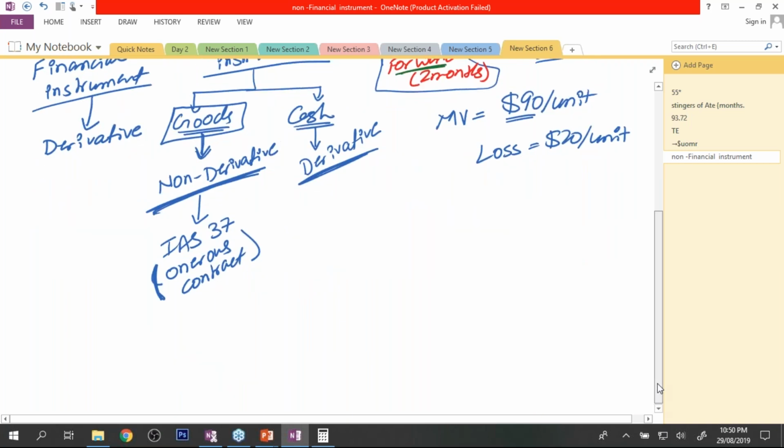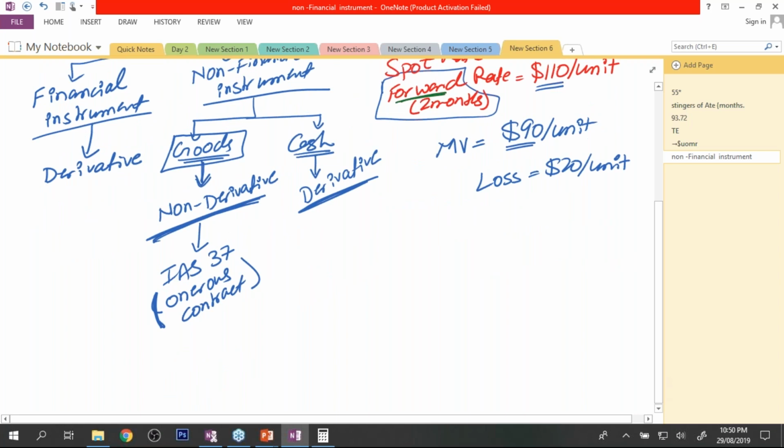So this means it's a loss making contract to me, and a loss making contract is known as an onerous contract. So in such case, we will be required to make a provision for the loss of $20 per unit.